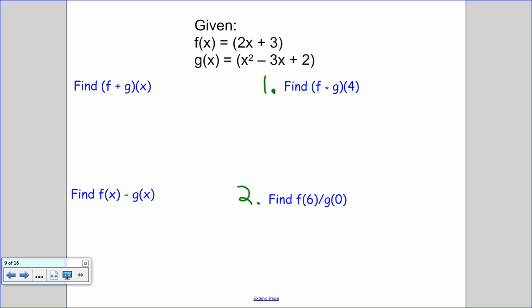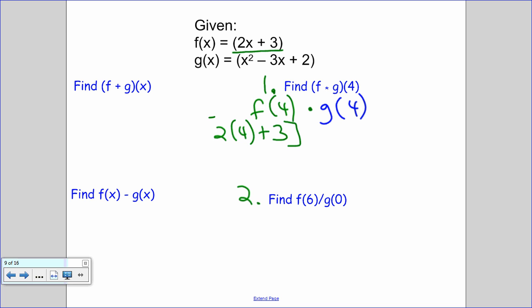Let's look at that. So f times g of 4 is the same thing as f of 4 times g of 4. So we find each output, and f of 4 is found by using 2x plus 3. So that's going to be 2 times 4 plus 3. I'm going to multiply that by g of 4, which is, I'm going to square the 4, take 3 times 4, and then add the 2.